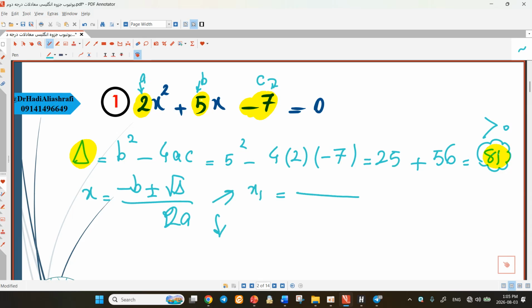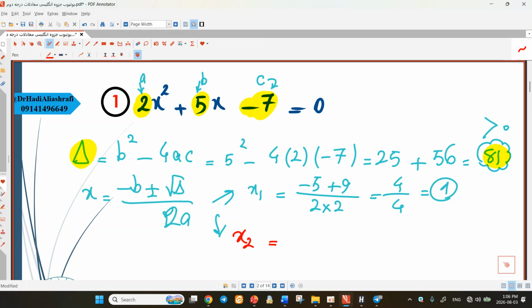x1 is equal to negative b, which is -5, plus 9, okay? This is equal to 4 over 4, which is equal to 1.